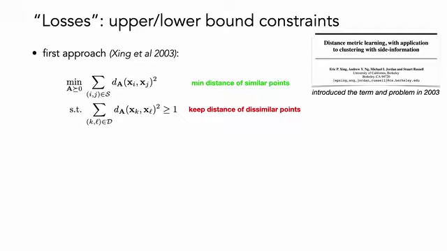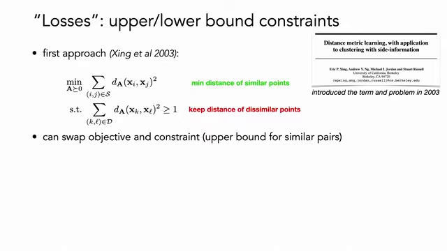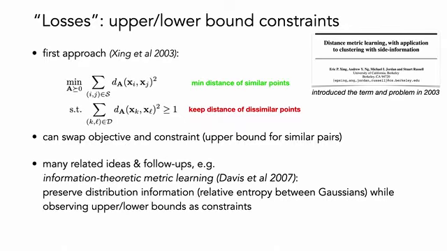And it really is something that can be explicitly solvable. And you can, again, swap the objective and constraint. There have been a lot of related ideas and follow-ups, for example, information theoretic metric learning, which explicitly proposed preserving distribution information, for example, relative entropy between Gaussians, while observing both upper and lower bounds as constraints.